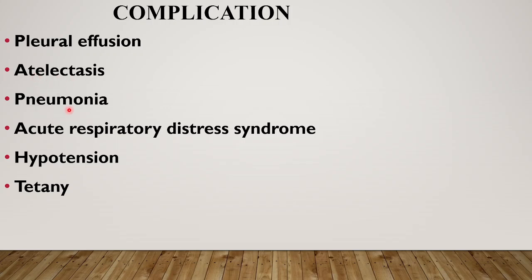If infections occur in the lungs, pneumonia. If the alveoli are filled with fluid, then no gaseous exchange occurs here, oxygen becomes decreased, and the patient may develop acute respiratory distress syndrome due to increased permeability.